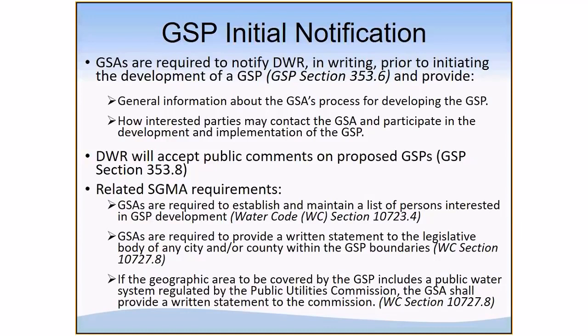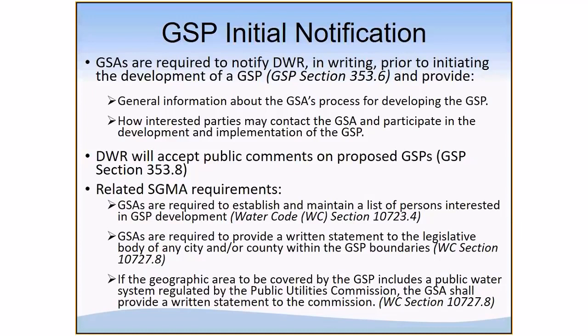So an important point with the GSP initial notification is that it's meant to give an understanding and notification of GSP development. It's meant to be flexible. So if right now your GSP planning efforts are to do multiple plans or one plan, and you decide a few months down the road that is going to change, this initial notification system is meant to be able to track those changes, and it's flexible.